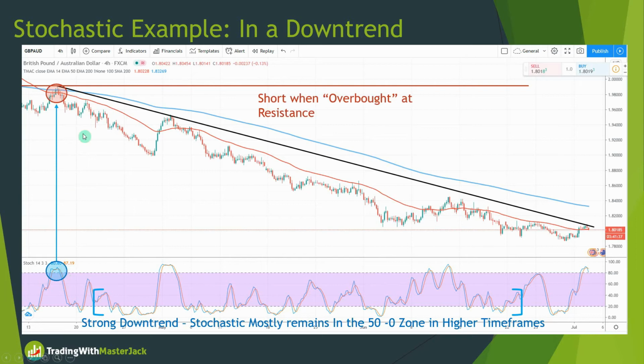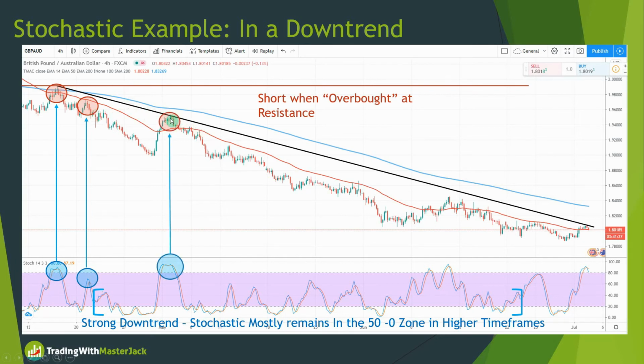So on the early start of our trend here, there was our buying opportunity, or not buy, but our short opportunity, our sell opportunity over there. Our next one was over there, going along the 50 moving average.